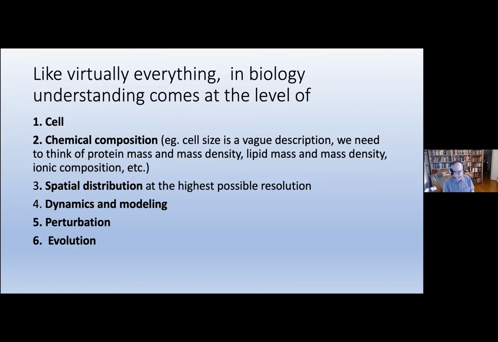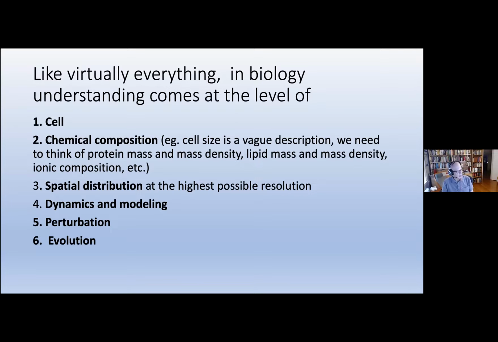And also we need to have methods to look at the spatial distribution at the highest possible resolution. And we need to understand something about the changes that occur both in the cell cycle, as I showed you, where we get these very dramatic oscillations of low amplitude, but very specific repetitive frequency.